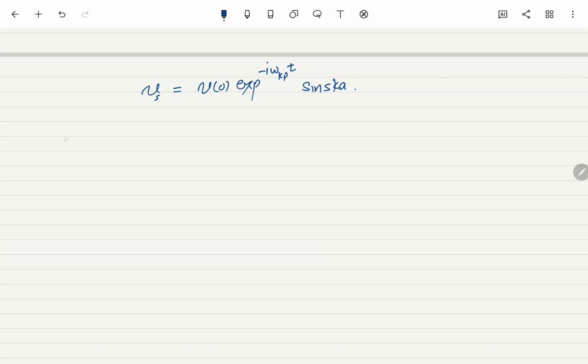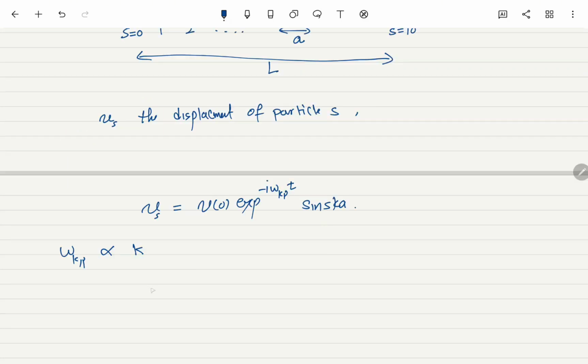In such a way, ω_kp here is related to k by appropriate dispersion relations. K in this case is equal to π/L, 2π/L, 3π/L, up to (N minus 1)π/L.